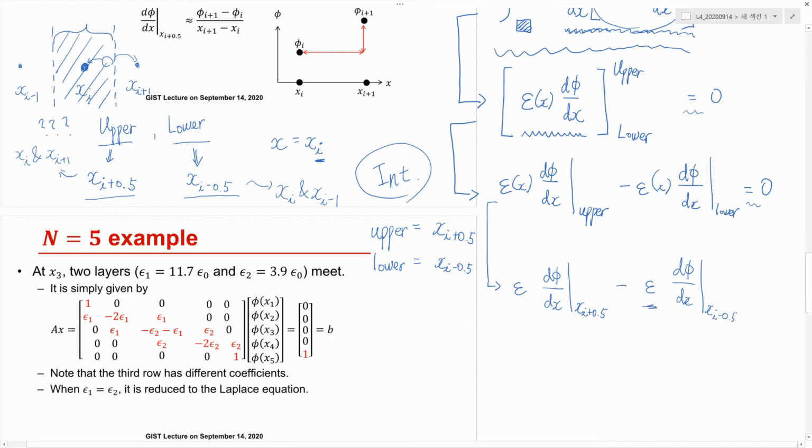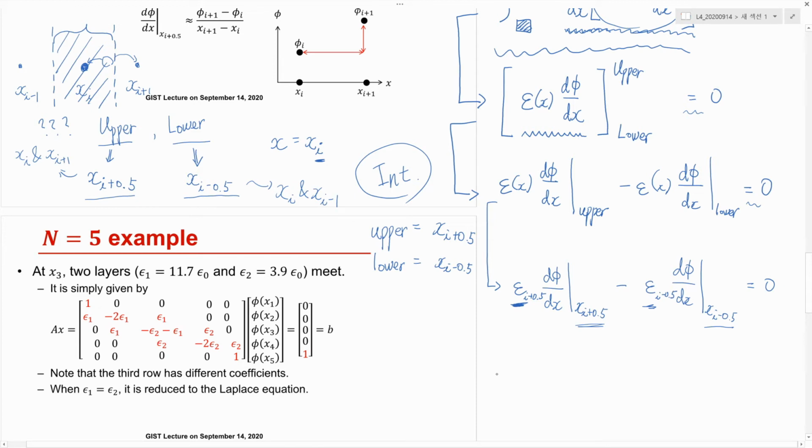Here, the epsilon written in this position should be interpreted as the epsilon at xi plus half, and this one corresponds to i minus half.